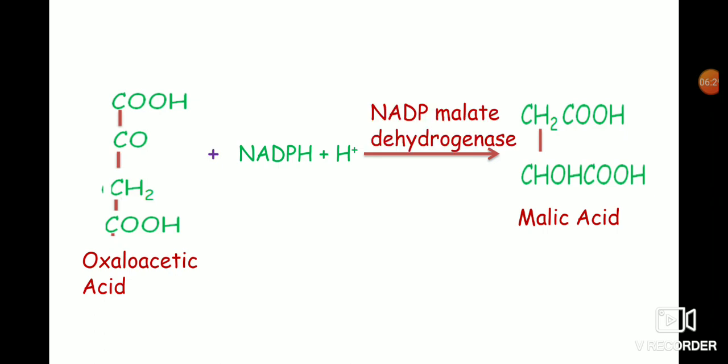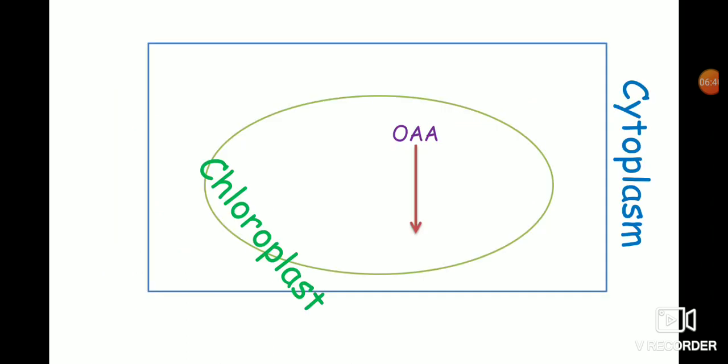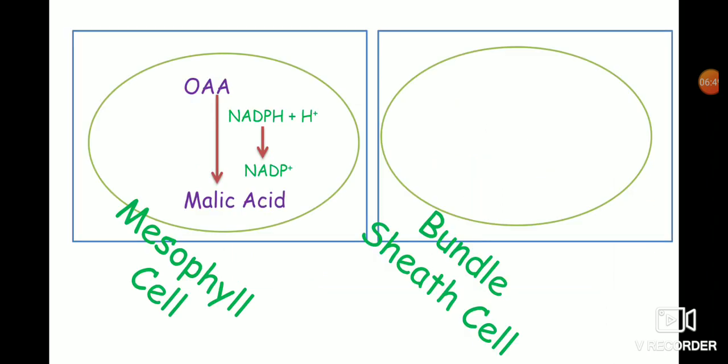So oxaloacetic acid is reduced to malic acid, and this reaction is catalyzed by NADP malate dehydrogenase. So oxaloacetic acid is converted to malic acid in the presence of NADPH2, and the malic acid now transfers to the chloroplast of the bundle sheath cells.